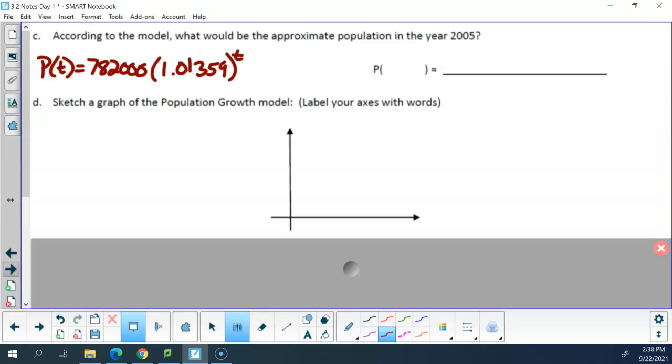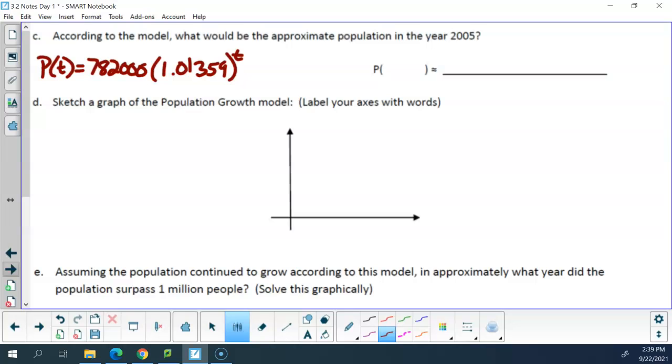Then, sketch the graph. Then, tell me when approximately they got to 1 million people. Then, we'll talk.